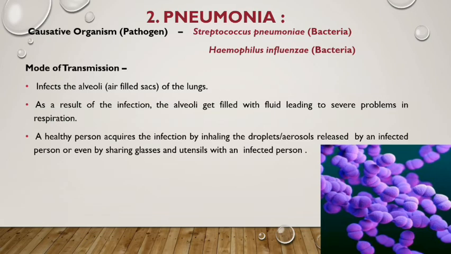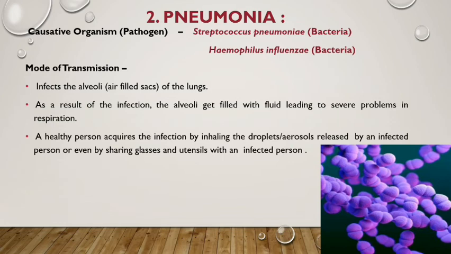Similarly, if a person is infected by pneumonia, that person should maintain a distance from healthy persons, so that the healthy person may not be infected by this disease. I hope you understood the mode of transmission.